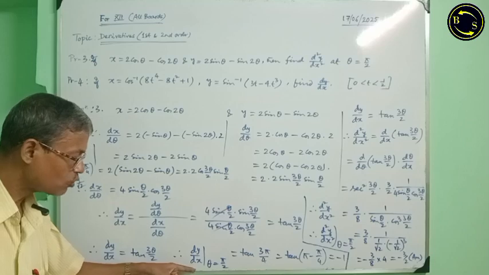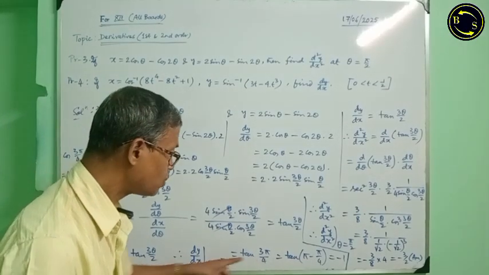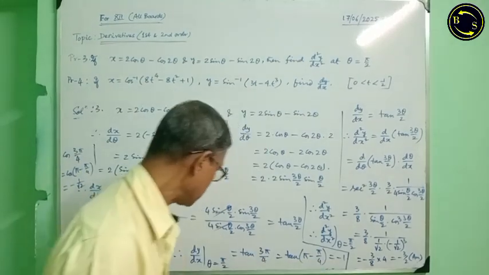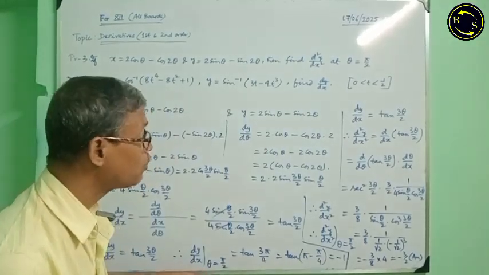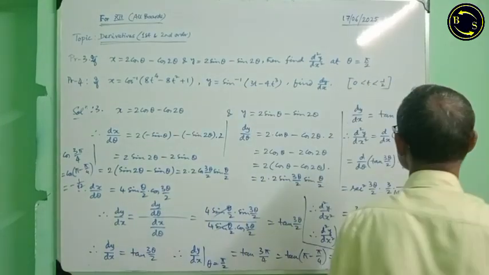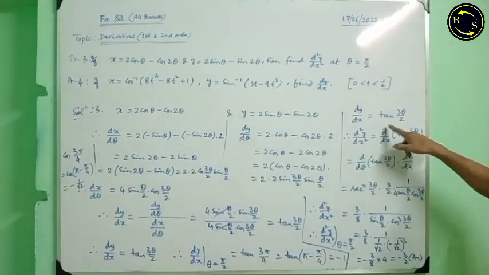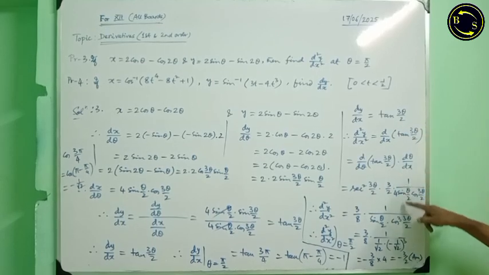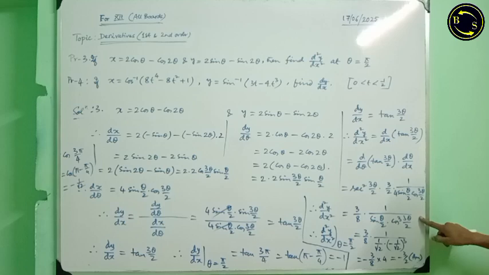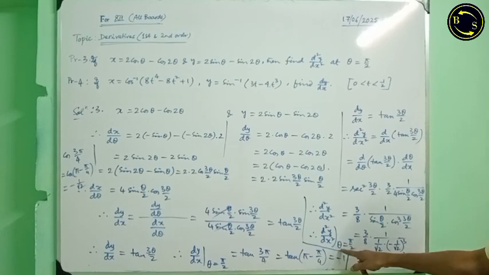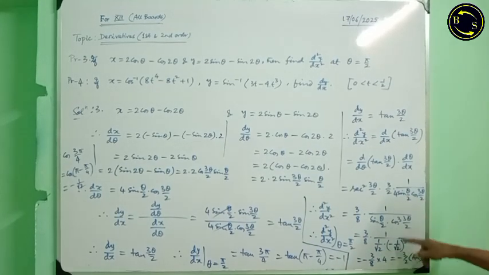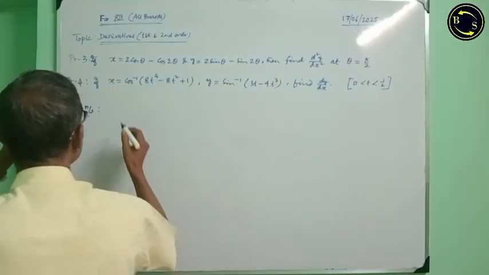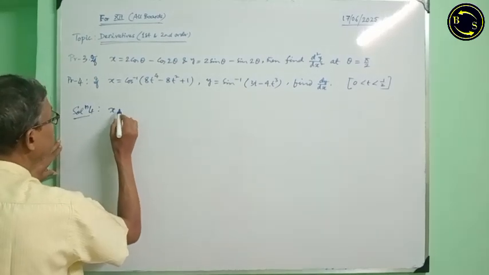Then dy dx, we have found the result, though it is not needed in this case. Result is minus 1, dy dx at the point theta equal to pi by 2. Then we have found d2y dx2. This is theta form, therefore we have to apply chain rule like this, and putting the values we have got this result. Then at the point theta equal to pi by 2, the result after simplification is minus 3 by 2. Now x equal to this one, I write first.